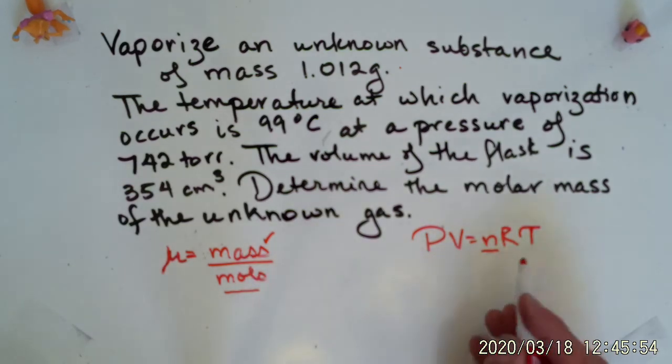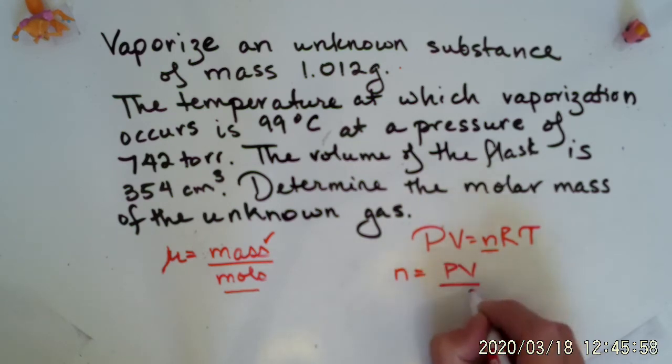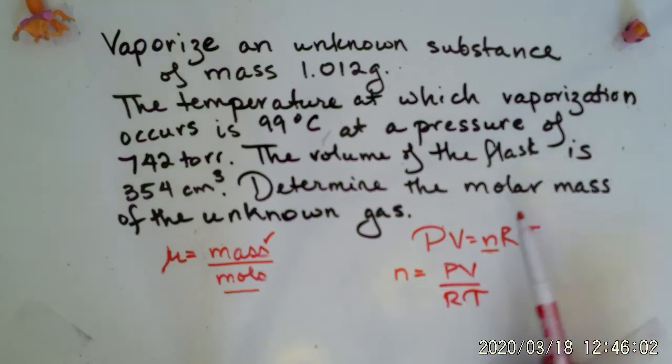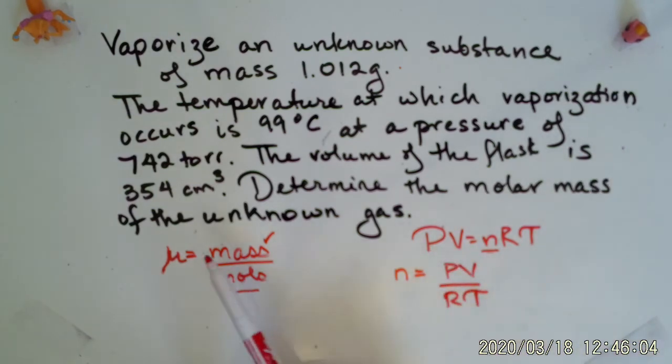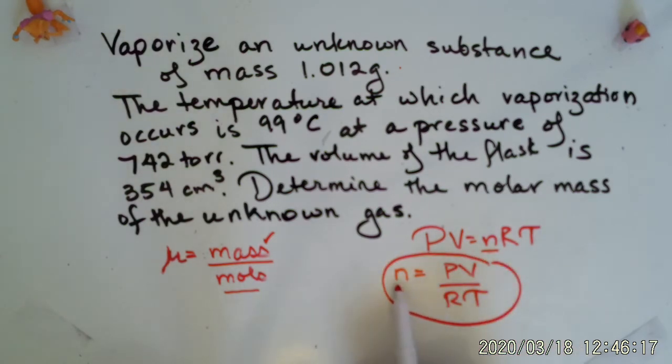So let's take a look here. n is equal to PV over RT. Question is, do I have pressure? Yes. Do I have volume? Yes. R, that's a known constant, and T, I have that as well. So we can use our ideal gas law, get the moles of gas, and then plug it in here.